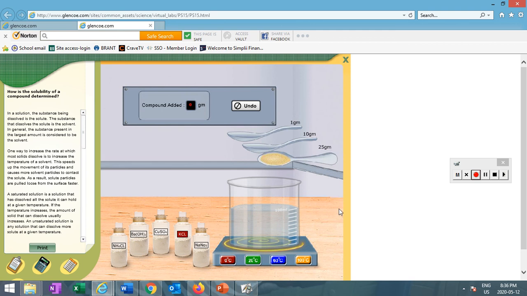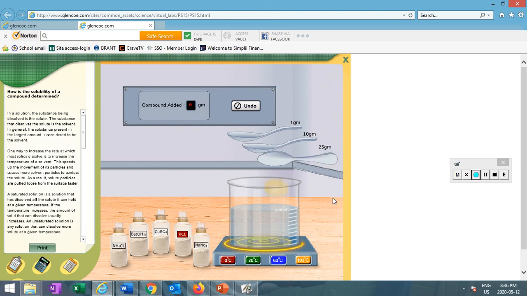And then when we get to 20, it's going to be higher than 29, but not 50. So let's see what we get here. 35. 35 grams, right on.